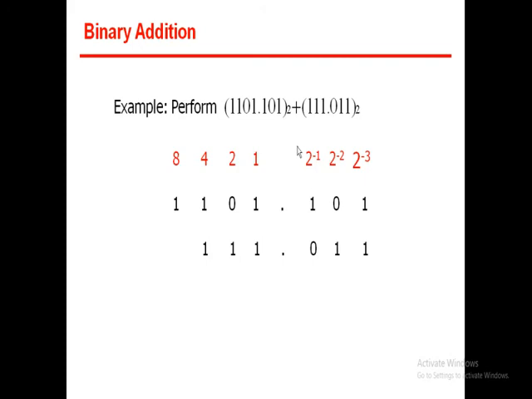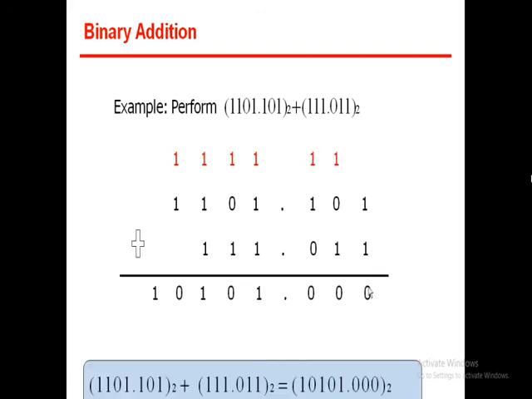If we add 1 plus 1, then the sum is 0, there will be a carry 1. Then 0 plus 1, 1 plus carry 1. 1 plus 1, 0, there will be a carry, and 1 plus 1, 0, there will be a carry. Then 1 plus 1, we will get 10, 10 plus 1, 11, that is 1, and there will be a carry 1.